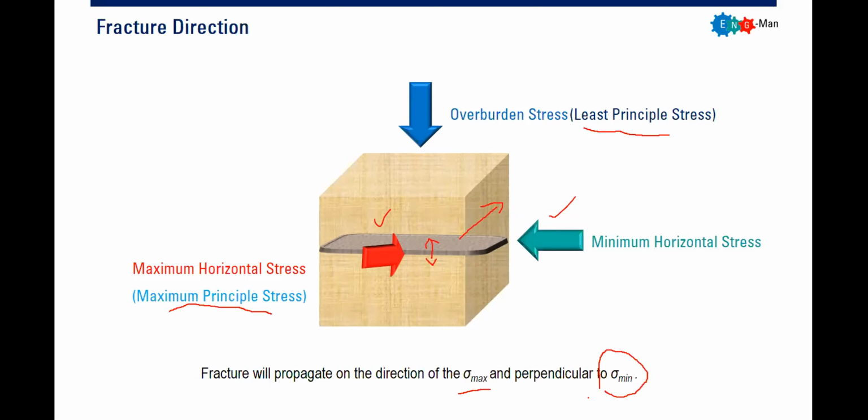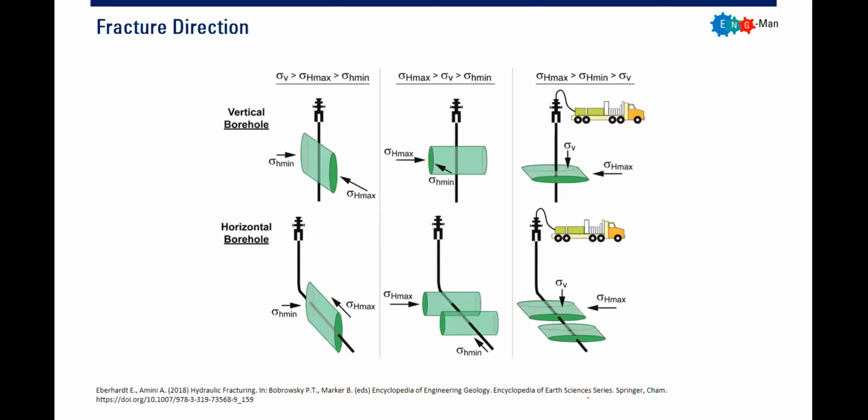Why? Because like this, we can have several configurations, shapes or directions of the hydraulic fractures. So you need to estimate the overburden stress. You need to know the direction of the maximum horizontal stress and also the magnitude, and also the direction of the minimum principal stress and also the magnitude.